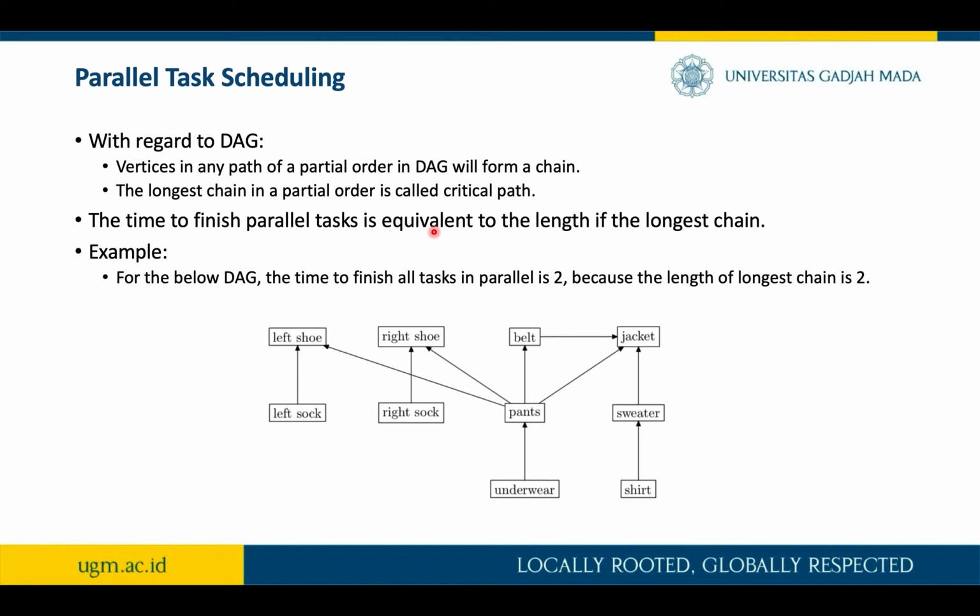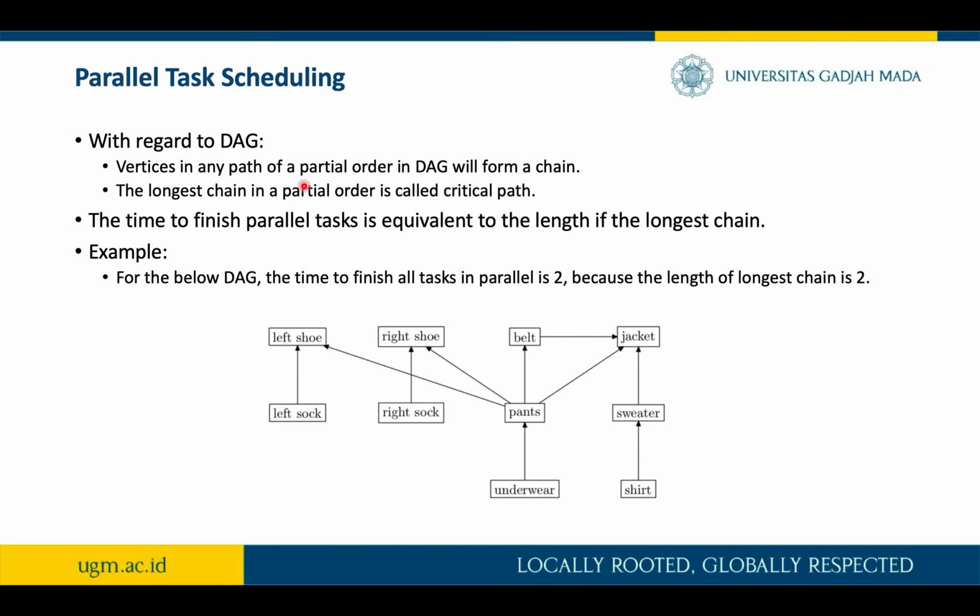They can also be used for parallel task scheduling, like what I already mentioned before. After we wear our pants, then we can have the left shoe or right shoe or jacket, in parallel. So we can start from this one, for example, and then in parallel we can also do this one, and then this one, and also this one.